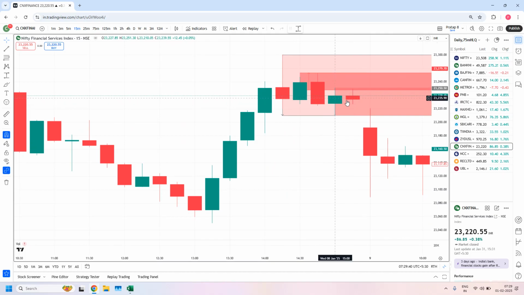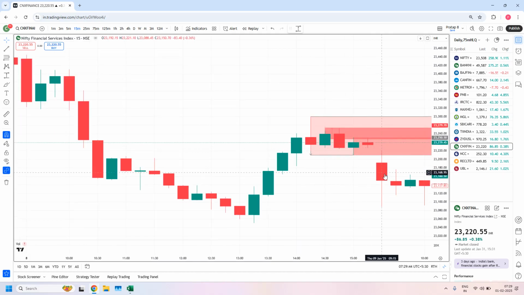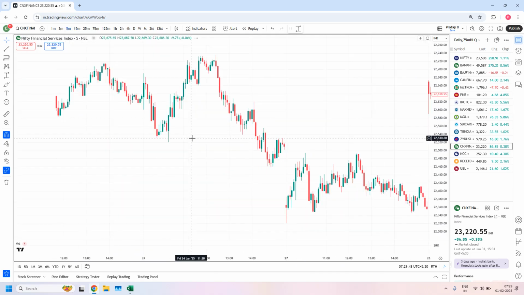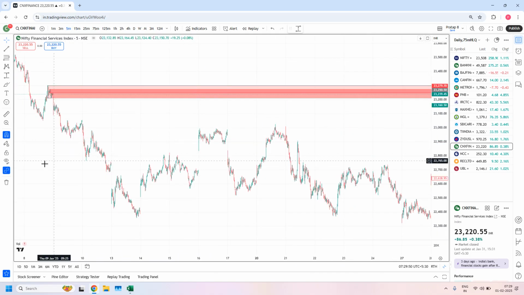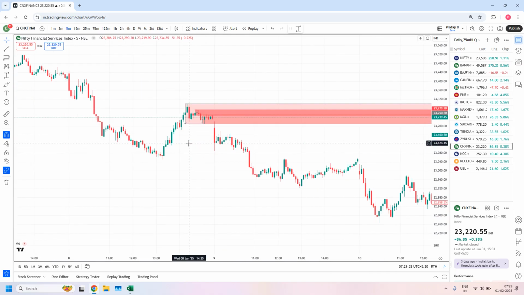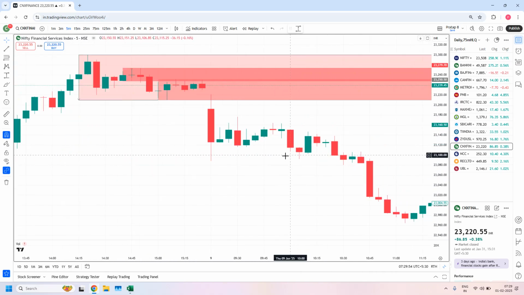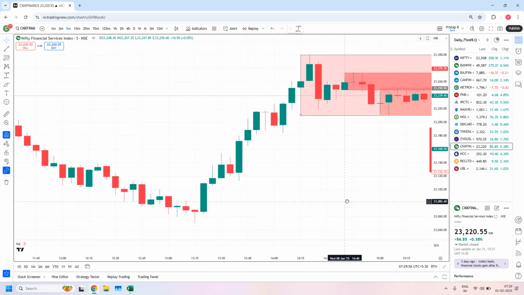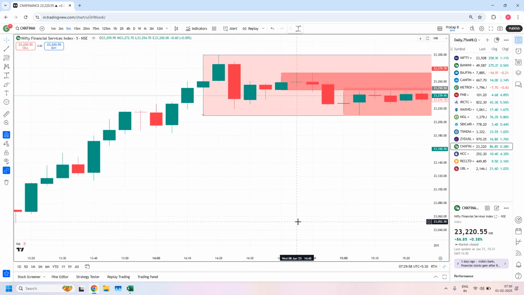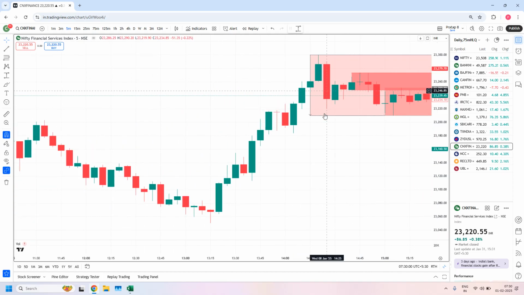We have a drop, 2 base candles and a drop candle with hidden body. Now go to the 5 minutes time frame. So here you have a rally candle, 1, 2, 3, 4 base candles and a drop candle.